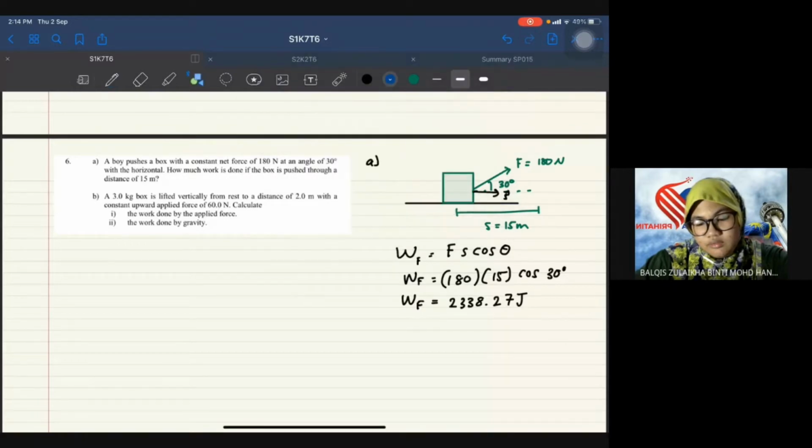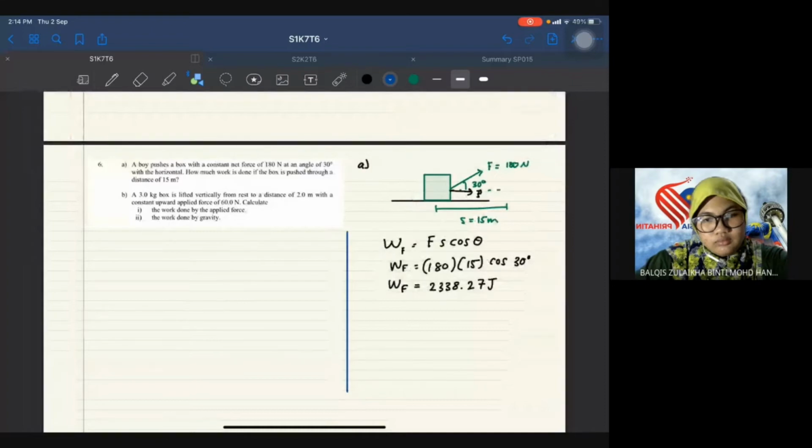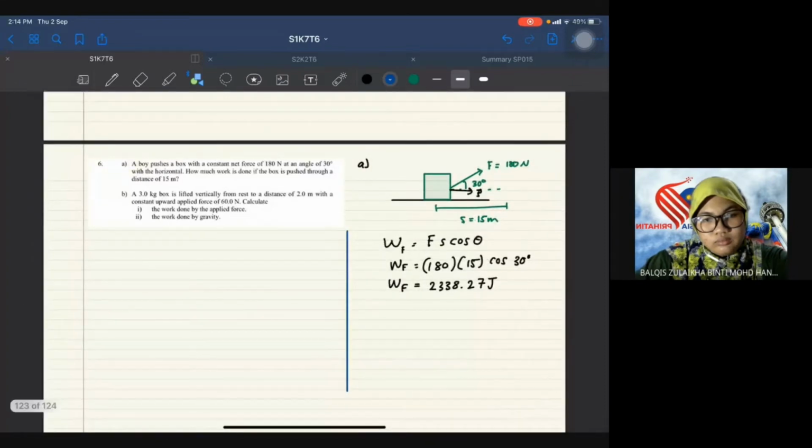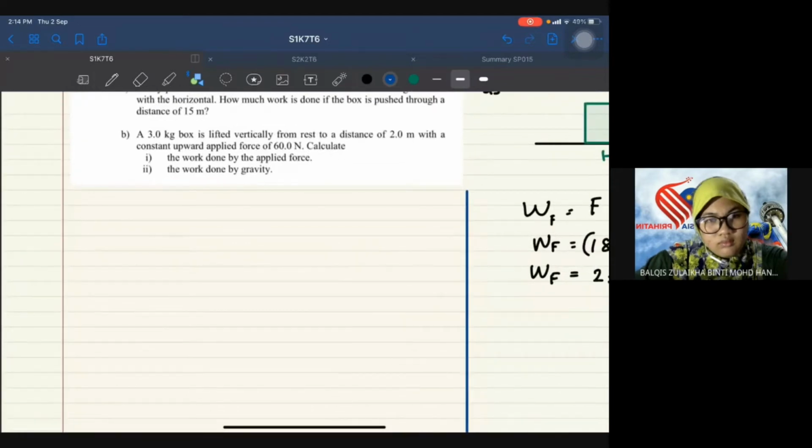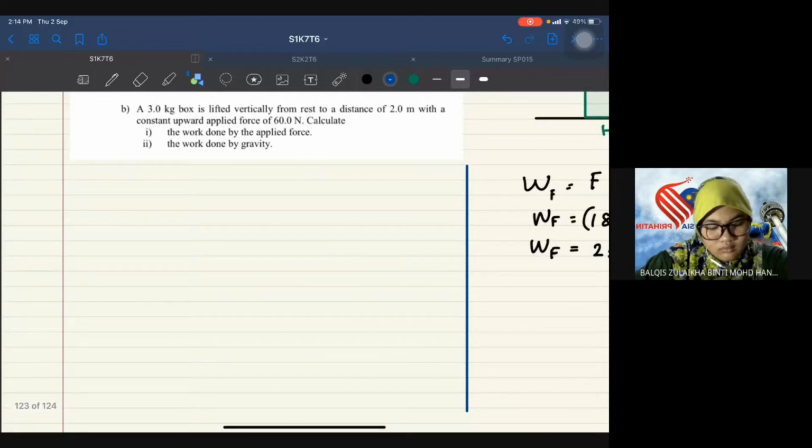Okay, the next question. Question B. A 3 kilogram box is lifted vertically from rest to a distance of 2 meters with a constant upward applied force of 60 Newton. Calculate the work done by the applied force and the work done by gravity. So this is my box.